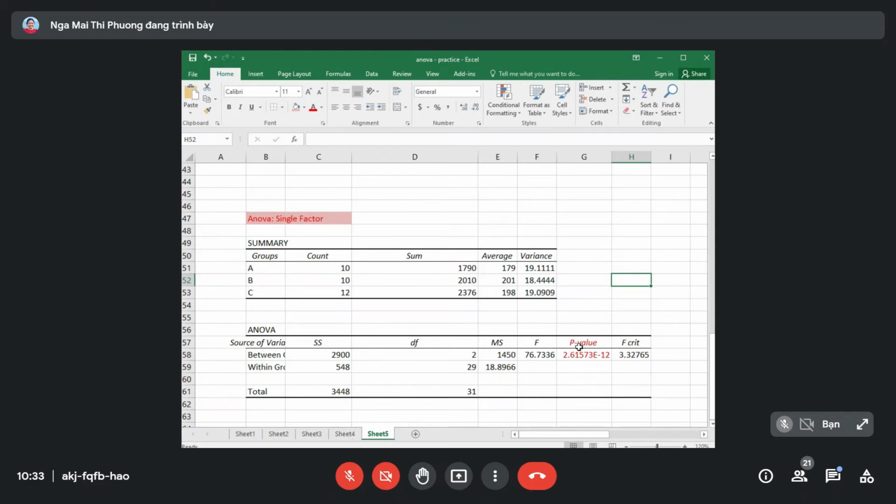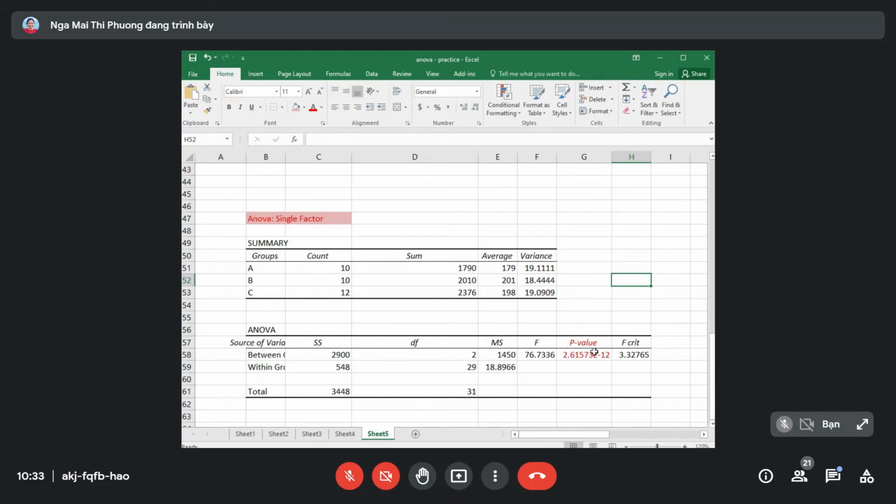And we could use the p-values. So here you see the p-value is very, very, very small. It's much smaller than 0.001. Normally we take 0.05, or in this case, it's even much smaller than 0.001.